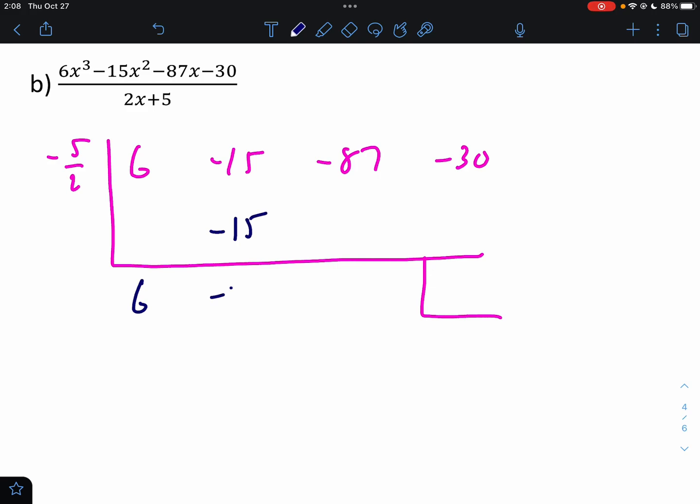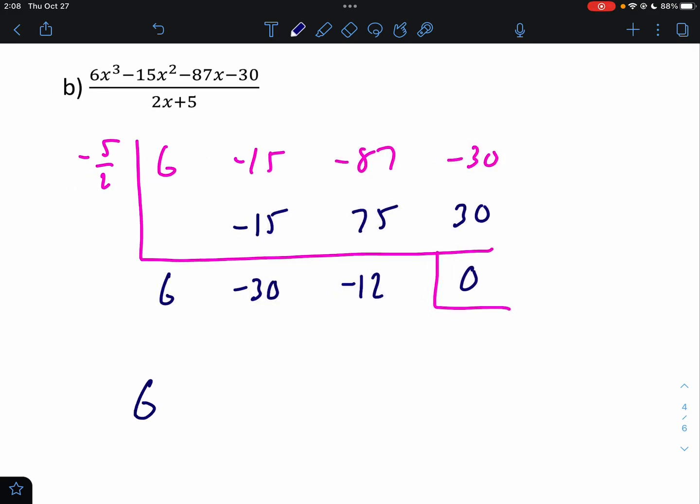Okay, then we get negative 30. Multiply, that would be positive 75. Add those together. And multiply, we should get 30, which adds together gets 0, which means this is a factor. So what we're left with is 6x squared minus 30x minus 12 with a remainder of 0.